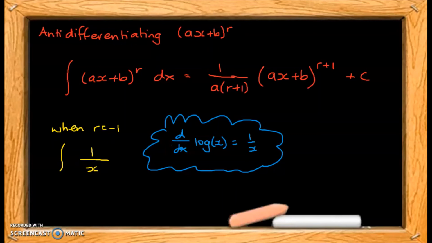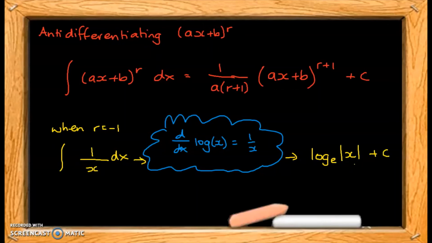And so these two are related. What happens is when we have an integral, or we're looking for the antiderivative of 1 over x, we remember this and we're going to get an answer in log form. And don't forget your plus c.